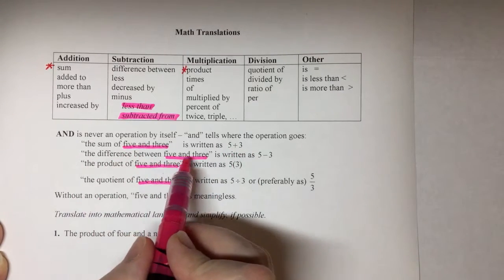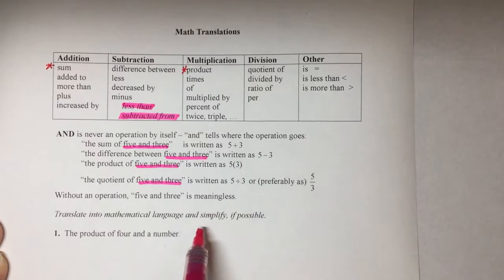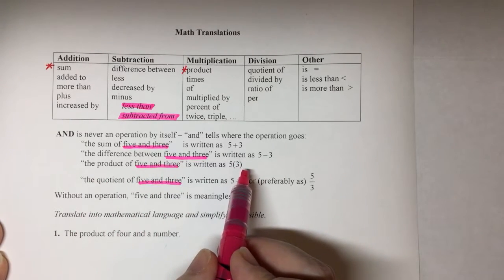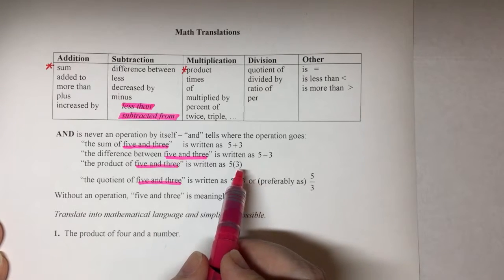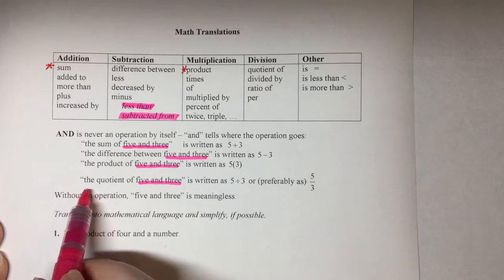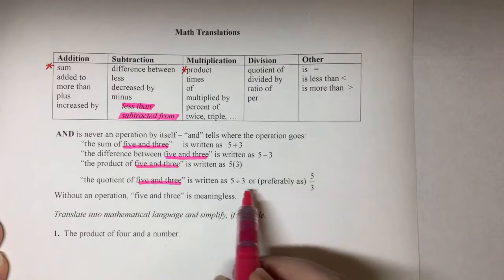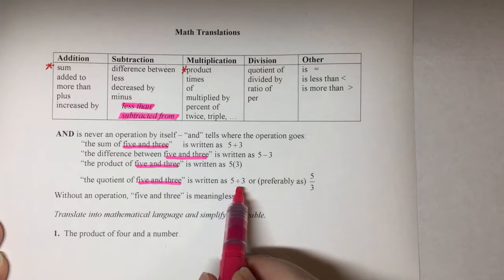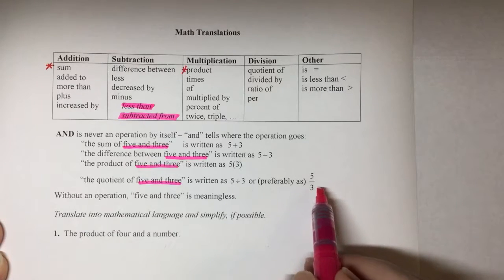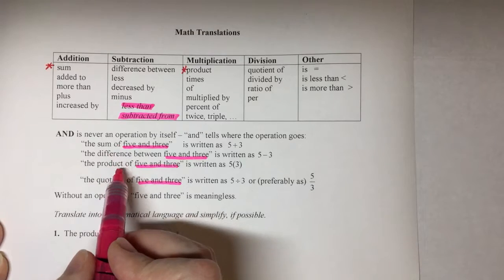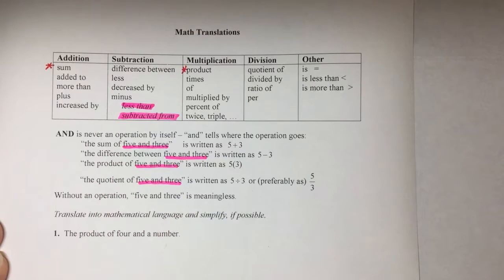Difference between 5 and 3, 5 minus 3. Product of 5 and 3, 5 times 3. We won't use a times sign as a general rule, we'll use parentheses. Quotient of 5 and 3, 5 divided by 3, but we also typically won't use the division symbol, we'll write as fractions. Without the operation, sum, difference, product, or quotient, just saying 5 and 3, that doesn't make any sense.